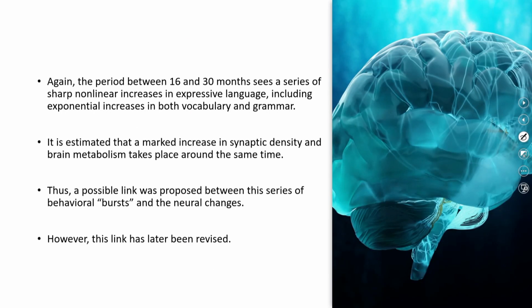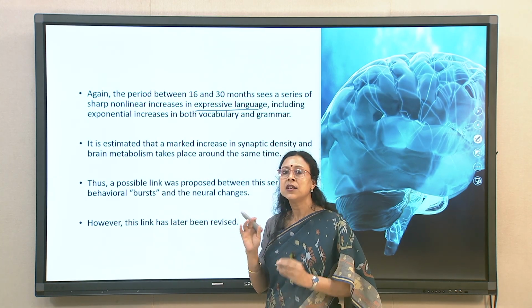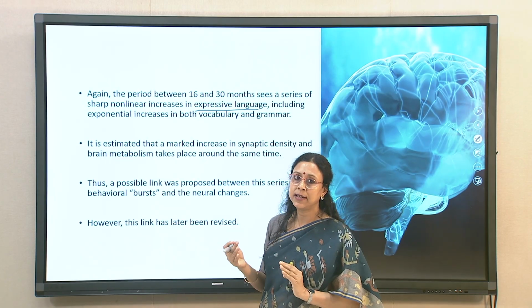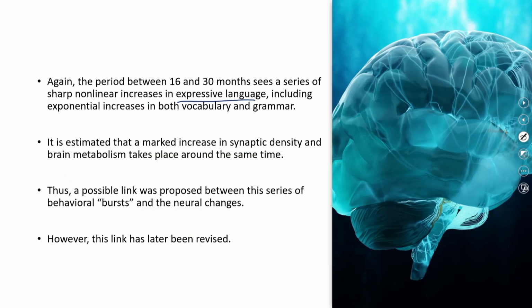Again, the period between 16 to 30 months sees a series of sharp non-linear increases in expressive language, including an exponential increase in both vocabulary and grammar. This is what happens around 1.5 years onward. It is estimated that a marked increase in synaptic density and brain metabolism also takes place around the same time.